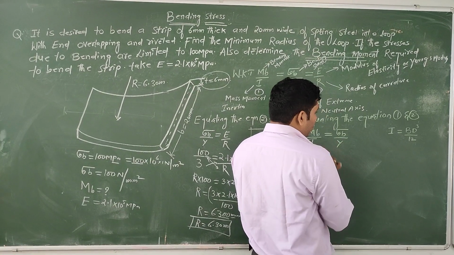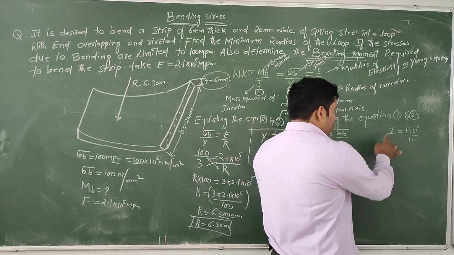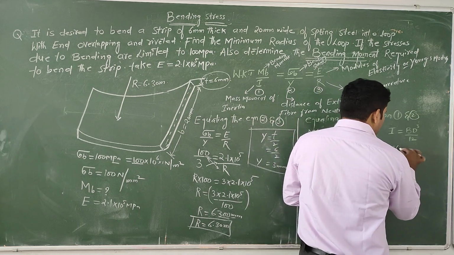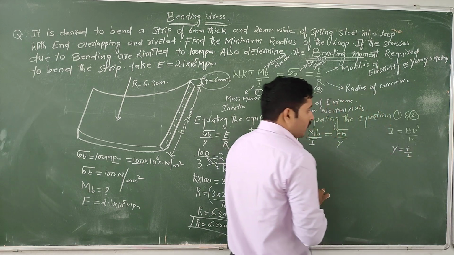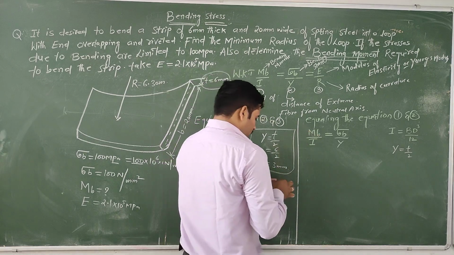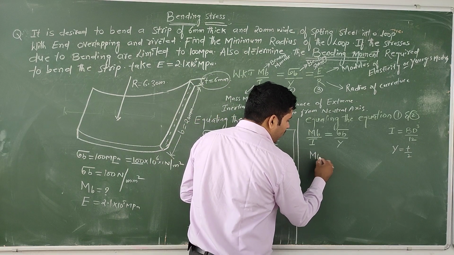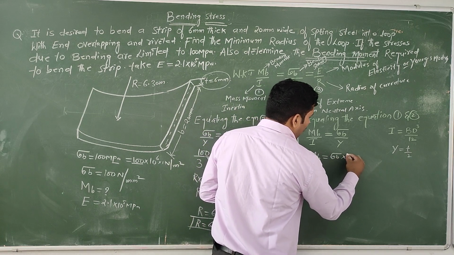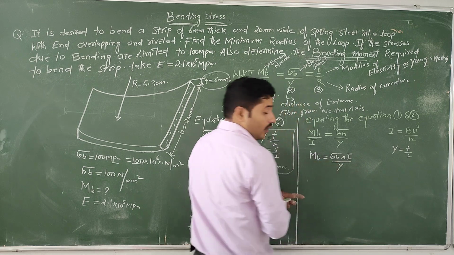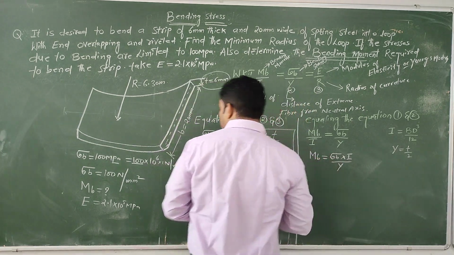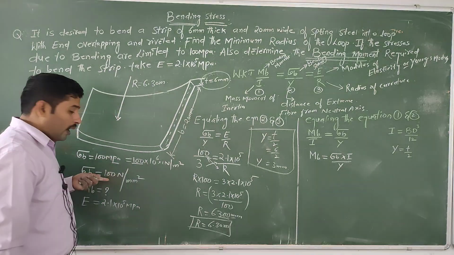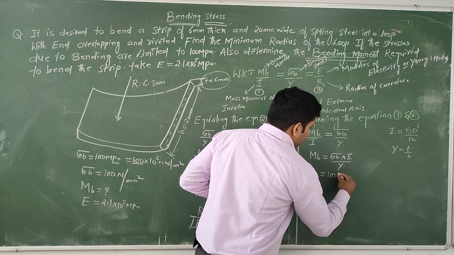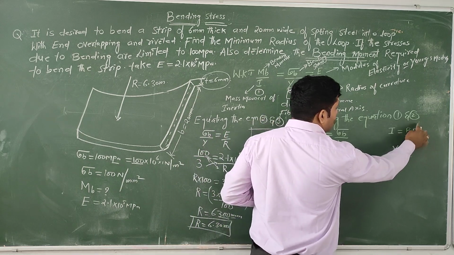So the moment of inertia of the strip is I equal to BD cube by 12, and the y value is thickness by 2. MB is unknown. We need to find the value of MB equal to sigma b into I by y. Sigma b, the bending stress value, is 100 Newton. 100 as it is, into I value, BD cube by 12.